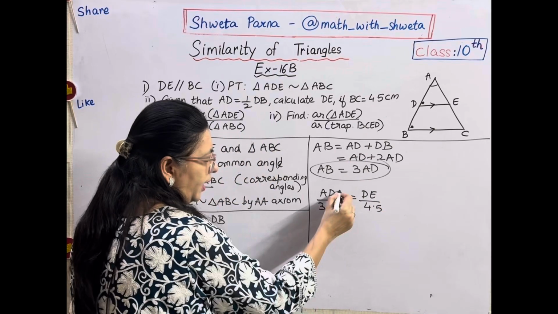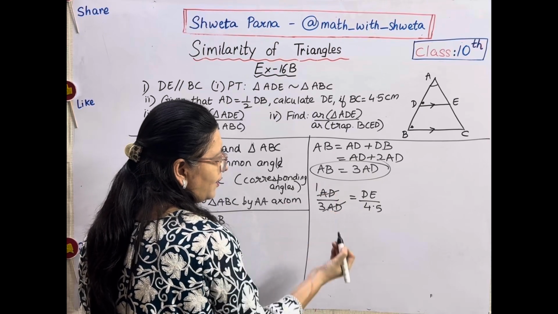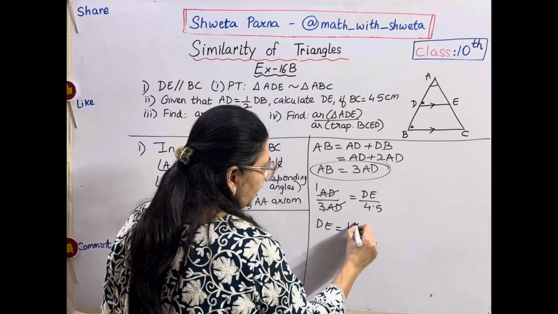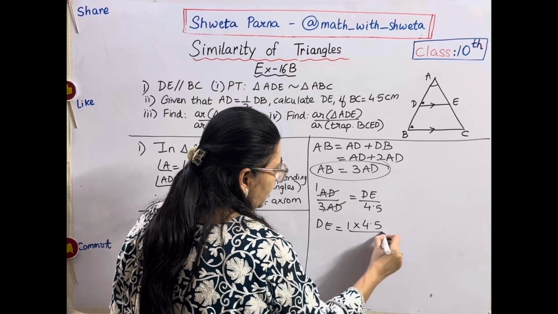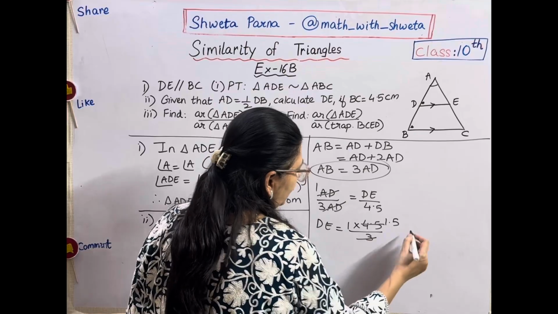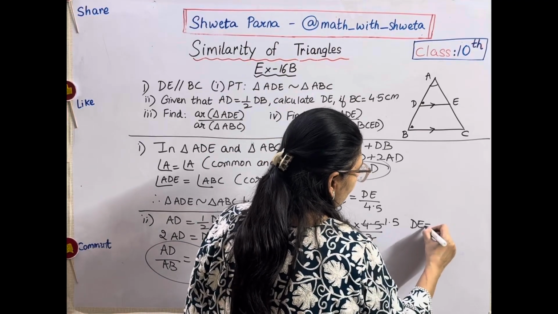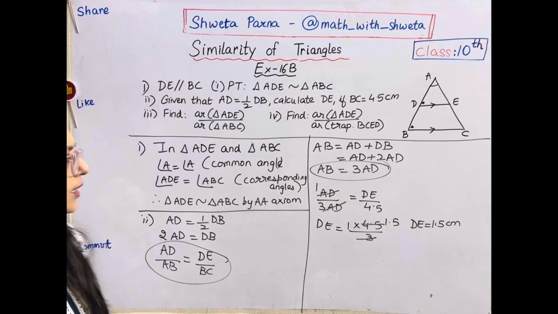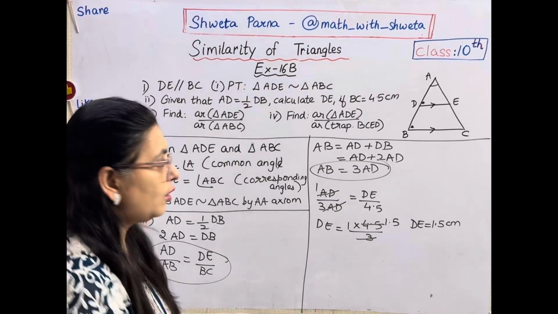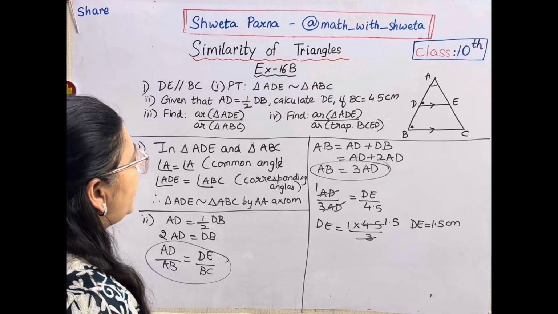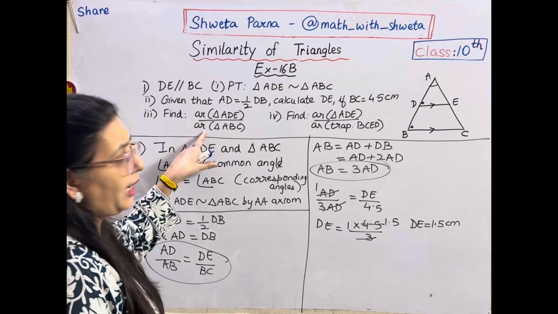AD and AD get cancelled. What is left here? 1. So DE is equal to 1 into 4.5 divided by 3, which is 1.5. So DE is equal to 1.5 centimeter. Clear?